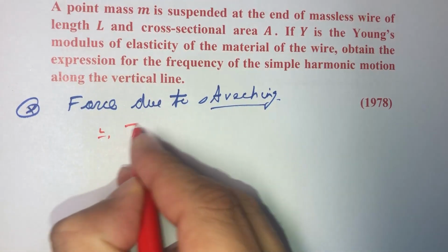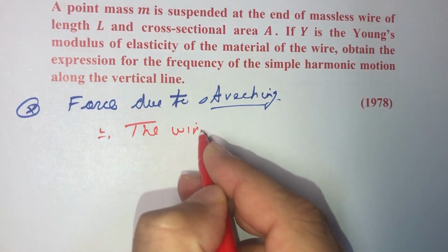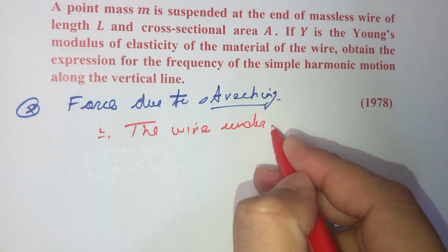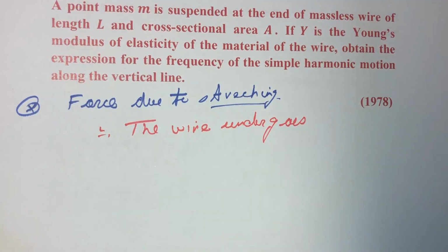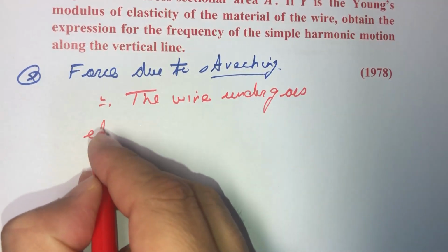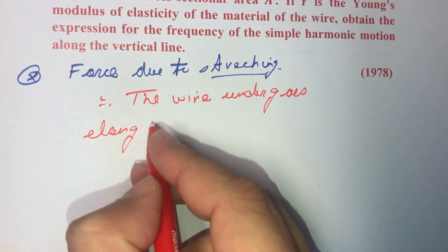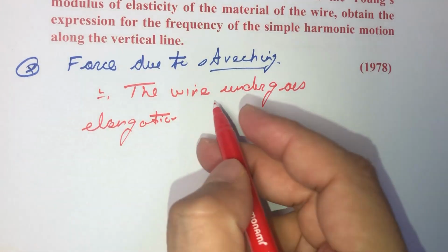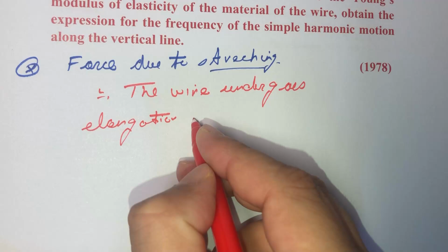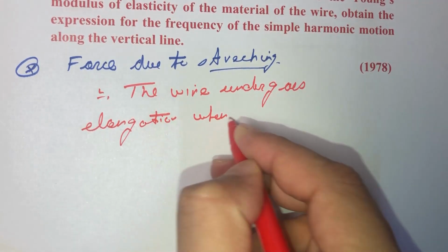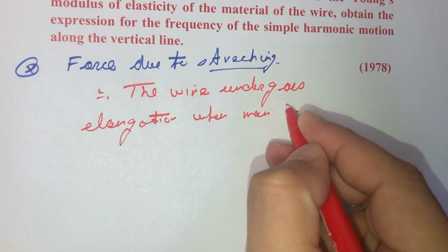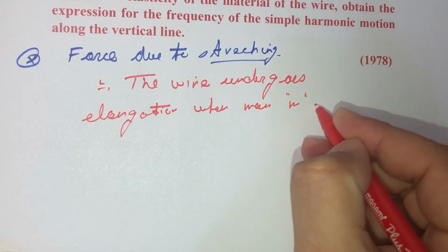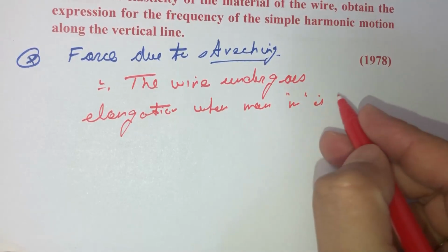So we can say the wire undergoes elongation when mass M is displaced vertically.